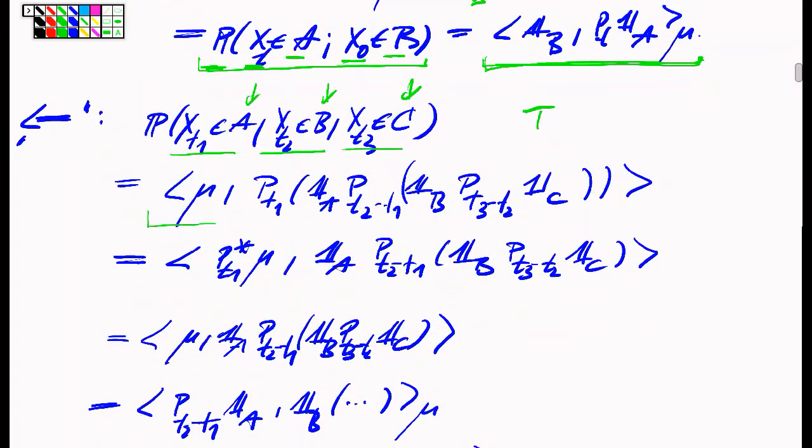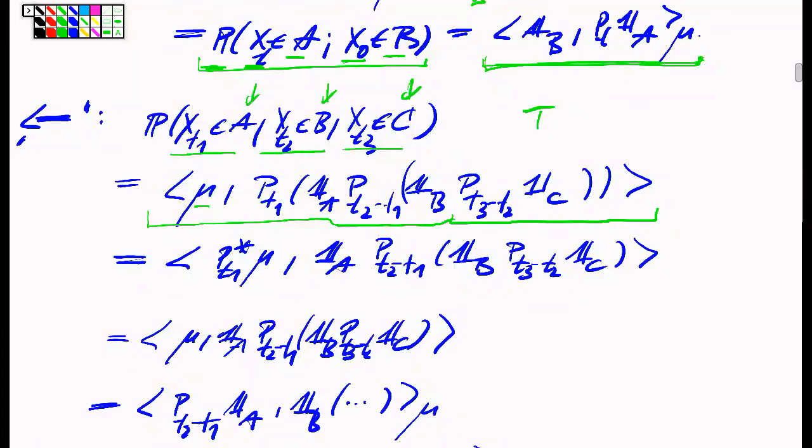Then, by our representation of these transition probabilities, or the finite dimensional distributions of the process, in terms of the initial law and in terms of the transition function, we can write this probability as the integral against the measure mu of these nested applications of these semigroup or transition kernels, where at the different levels we have to insert the corresponding indicator functions.